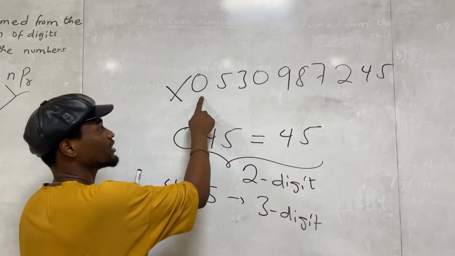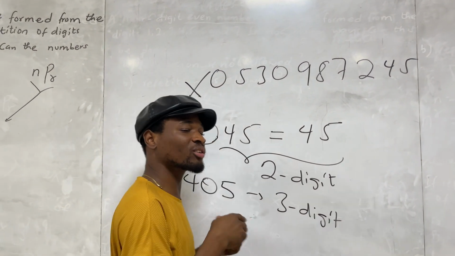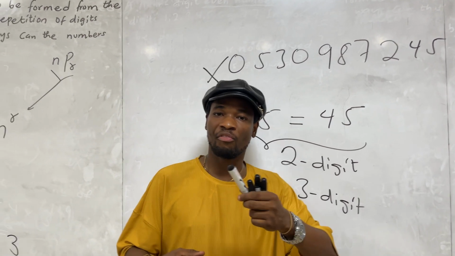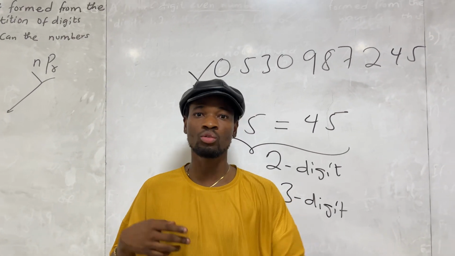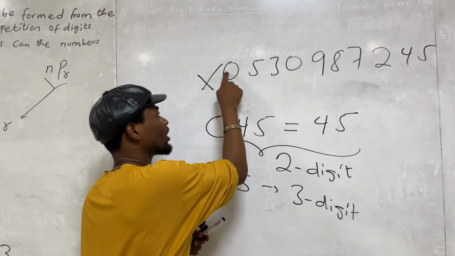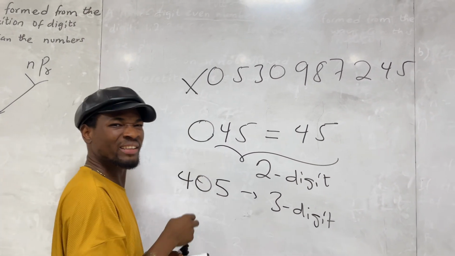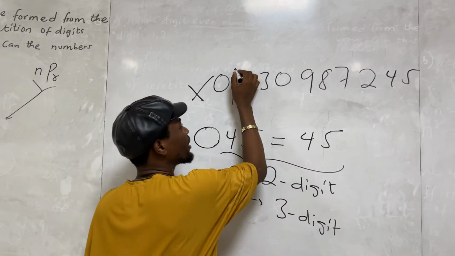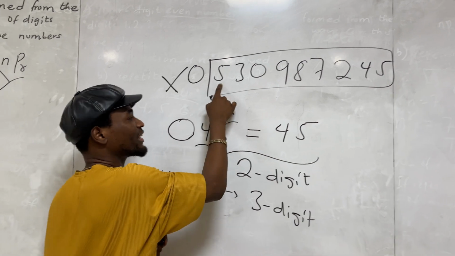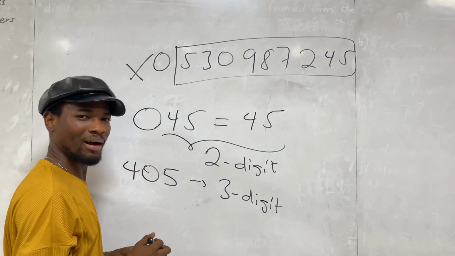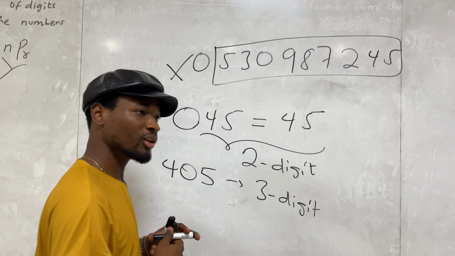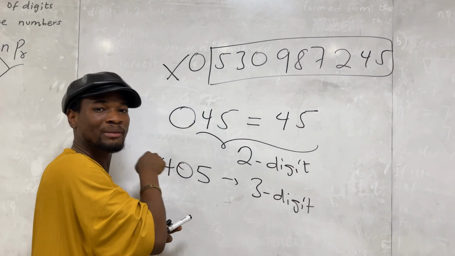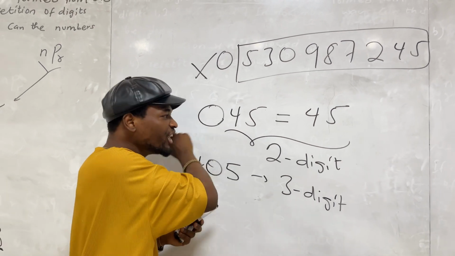So when you ask your fellow or someone, give me your digits, and the person starts by saying 0, 5, 4, 7, 2, you should understand that the 0 here is not a digit. That's why some people start from the significant number.